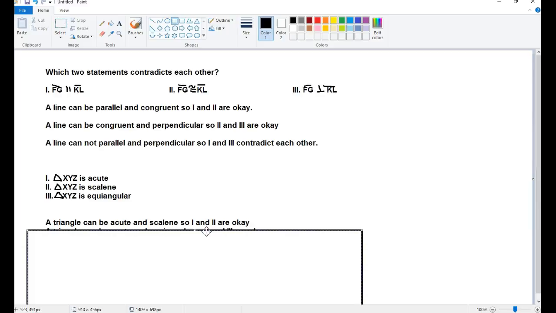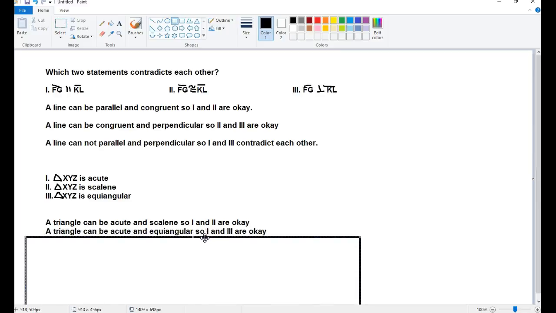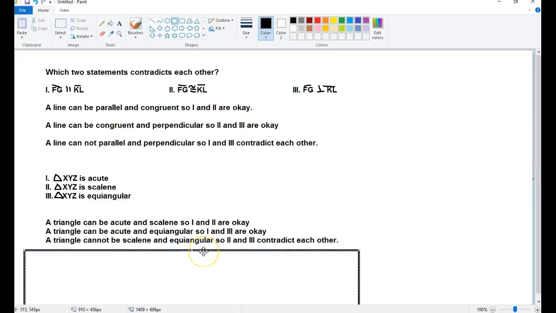If it's equiangular, that means they're all 60, which means it's acute. Then 2 and 3: all angles are 60 degrees, and all sides are different lengths. Those two contradict each other because equiangular means all angles are 60, which means all the sides are the same, which contradicts the scalene part.